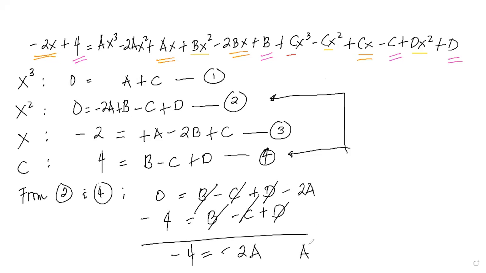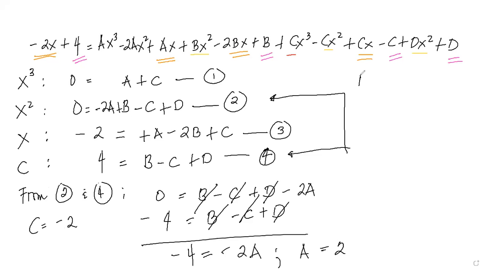So A is equal to 2. If we know A is equal to 2, we can substitute it here so I can have everything in this sheet. Hopefully, my C will be negative 2. You substitute here, so that would be your C. Now, if A and C are known, I can substitute it here in equation 3.